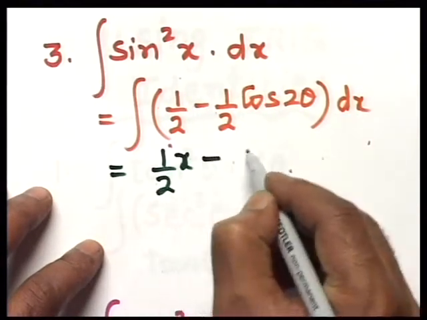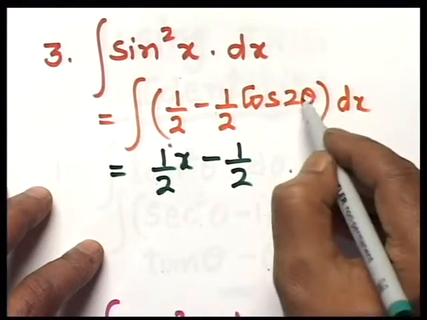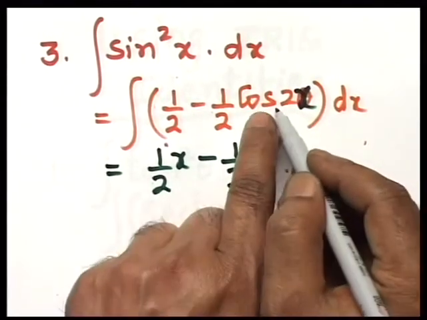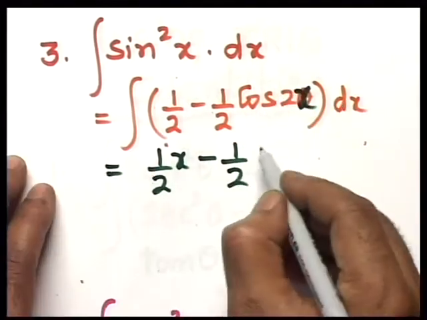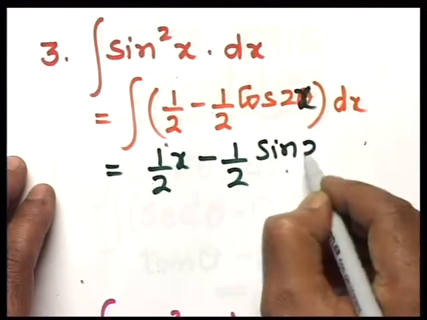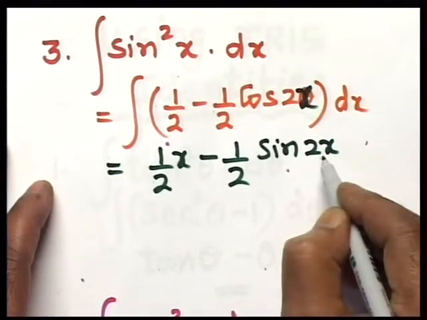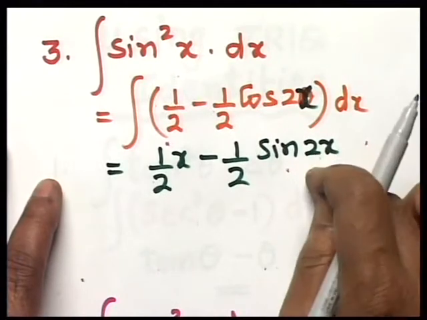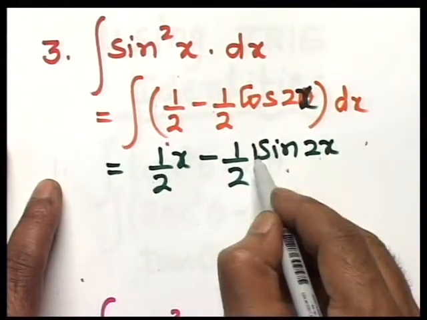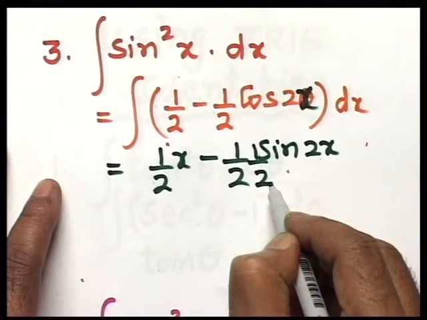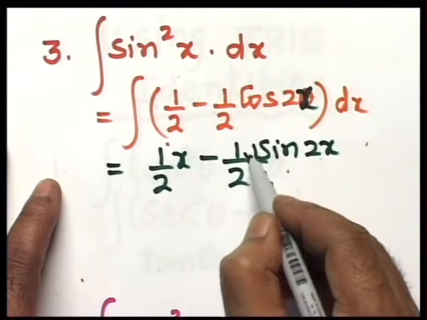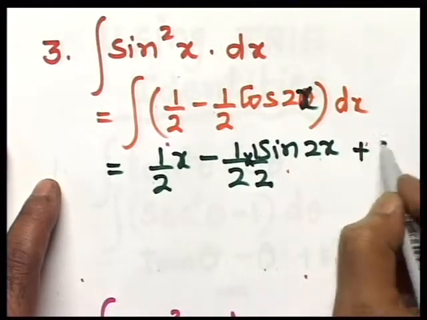Minus half, sorry, that's x, please. Now cos theta integration is sine theta. So let's write sine theta, but is that a theta? That's a 2x. So differentiate that, you get a 2, divide by 2, right? Instead of multiplication, that's a times, please. Done, and then say plus c.